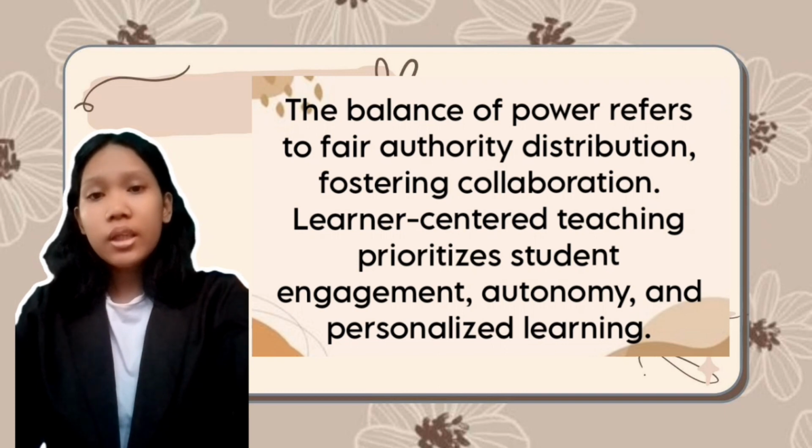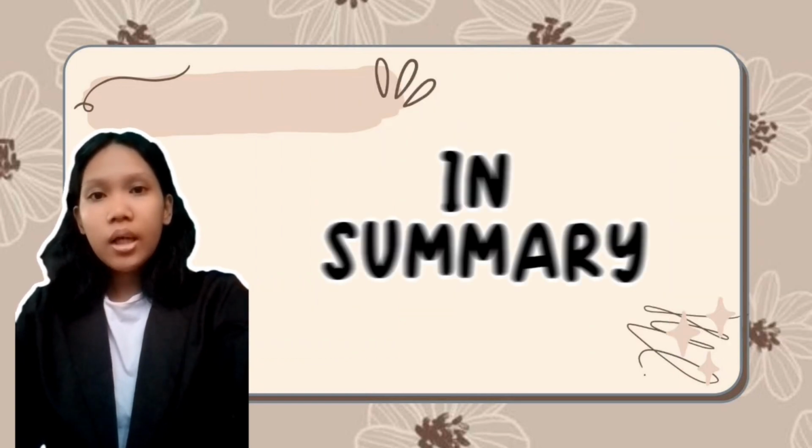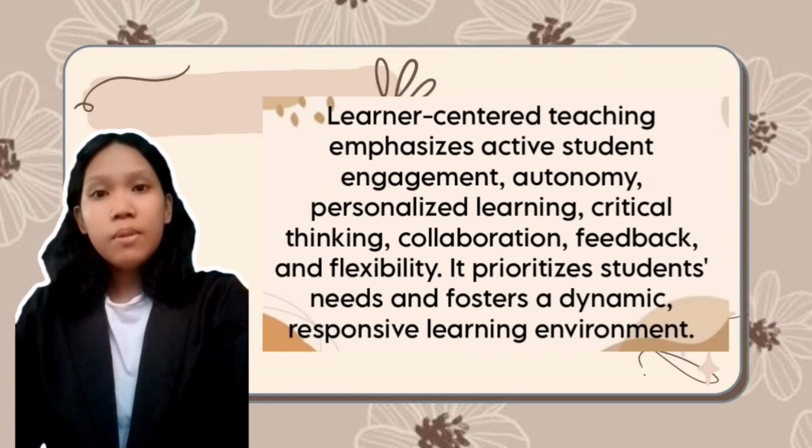Learner-centered teaching prioritizes students' engagement, autonomy, and personalized learning. In summary, learner-centered teaching emphasizes active student engagement, autonomy, personalized learning, critical thinking, collaboration, feedback, and flexibility. It prioritizes student needs and fosters a dynamic, responsive learning environment.